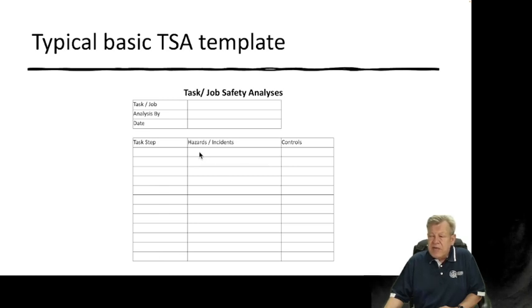In every one of these task steps, we identify the hazards that are present and the incidents that may occur. We then, in the controls column, say what the person should be doing to prevent people from getting injured or suffering from ill health.